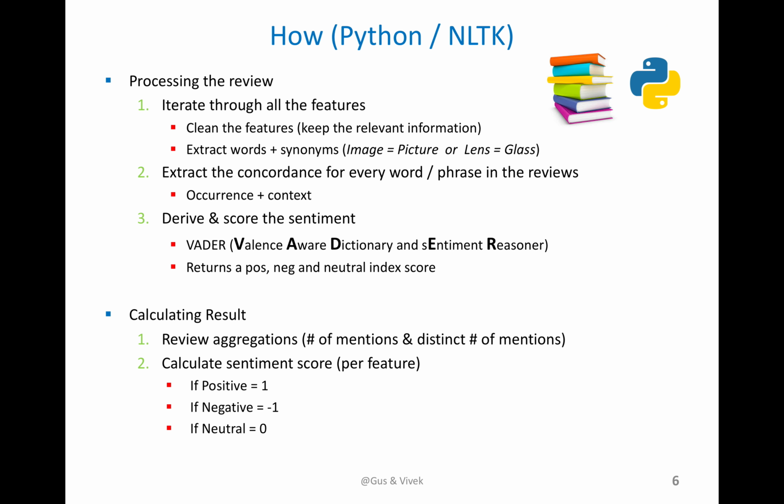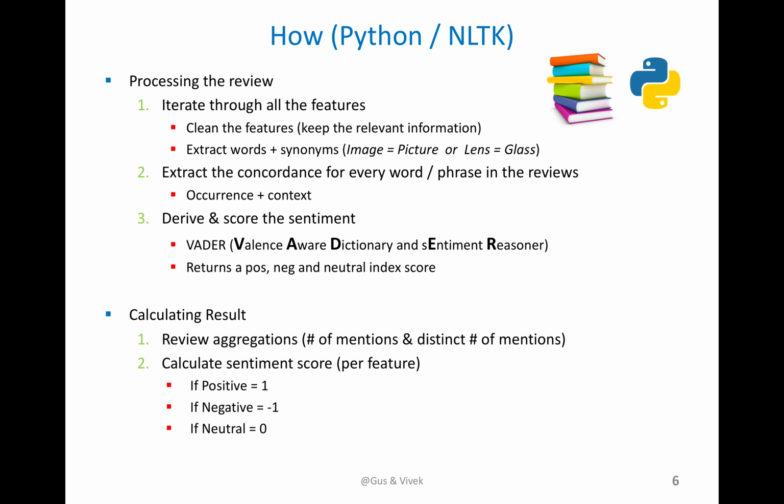The second aspect of this application is where we're actually reviewing the features and the customer reviews. The first step is iterating through all of the features. There's a lot of stuff that we need to clean up. There might be some properties that are so obscure or just weird codes that we need to remove from the list.